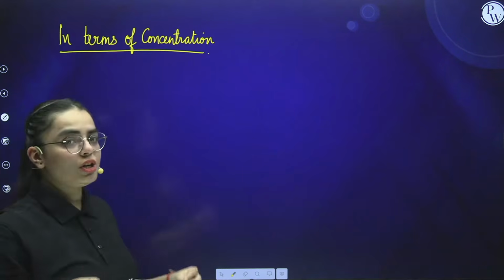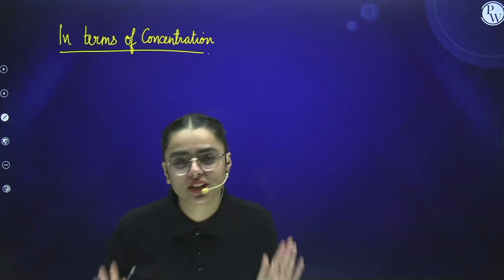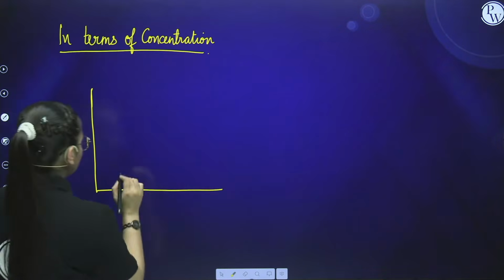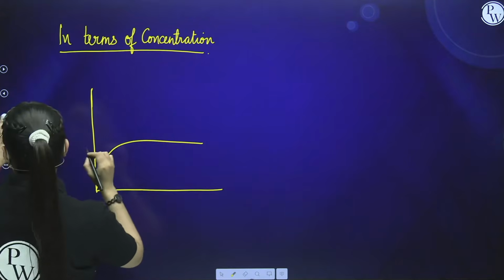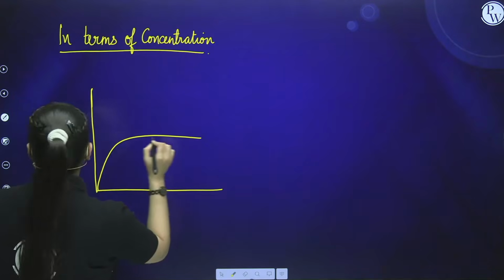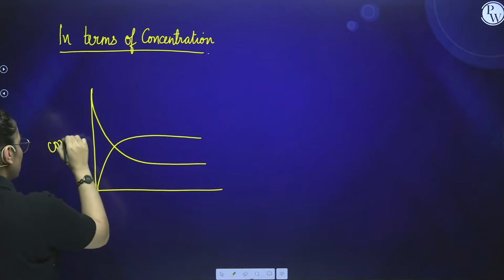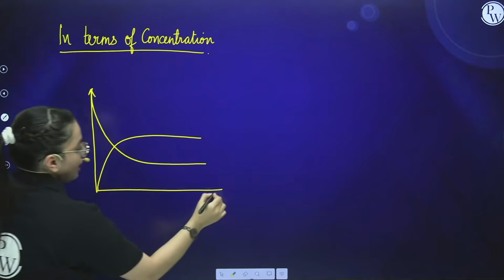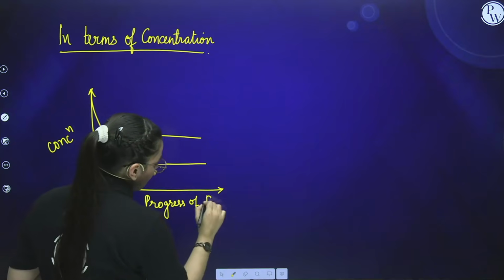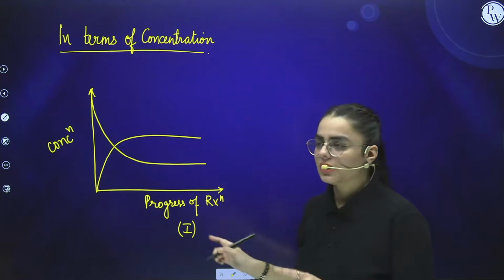Now I want you all to analyze the graphs which I'm going to make over here and find out what is the difference in all of these three graphs. The very first graph: here concentration will come on the y-axis and on the x-axis is the progress of reaction. This is your first graph.